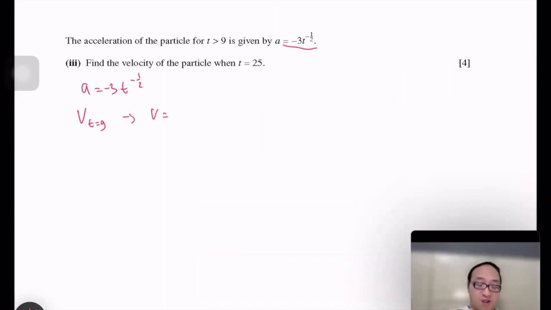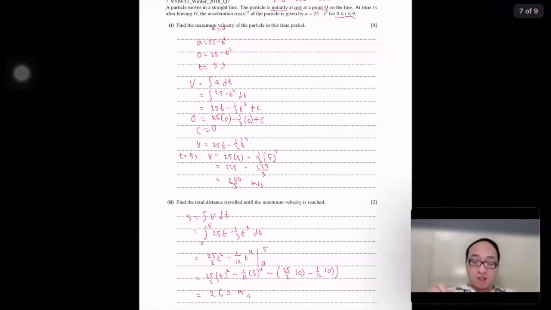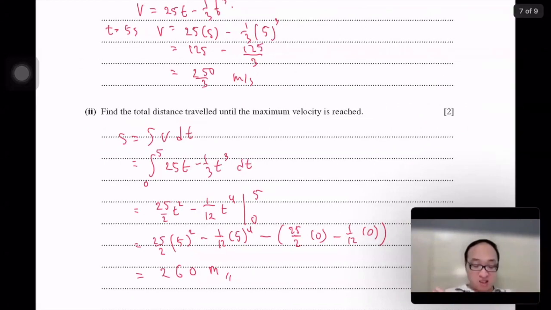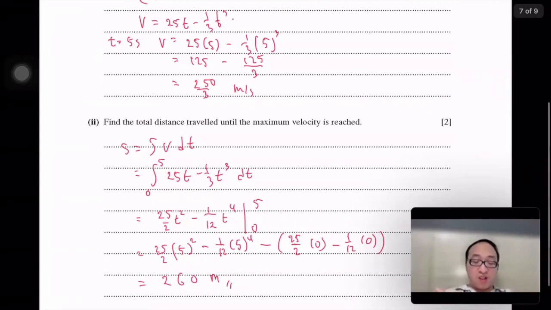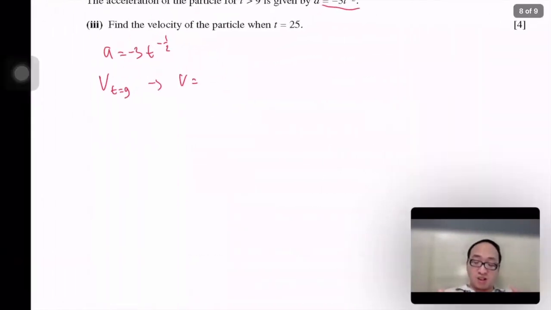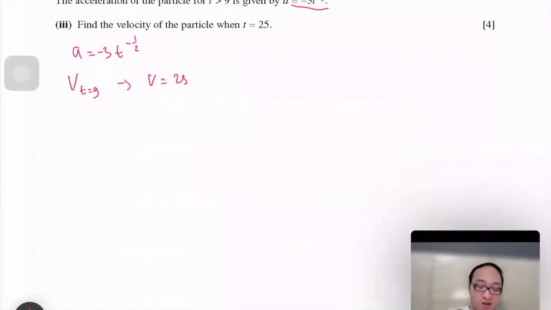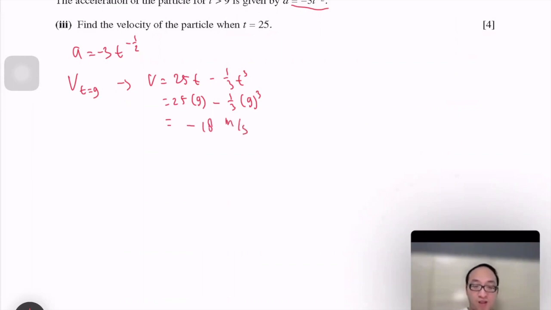So v equals, what's the formula again? v is 25t minus 1 over 3 t cubed. 25 times 9 minus 1 over 3 times 9 cubed. So this equals negative 18 meters per second.